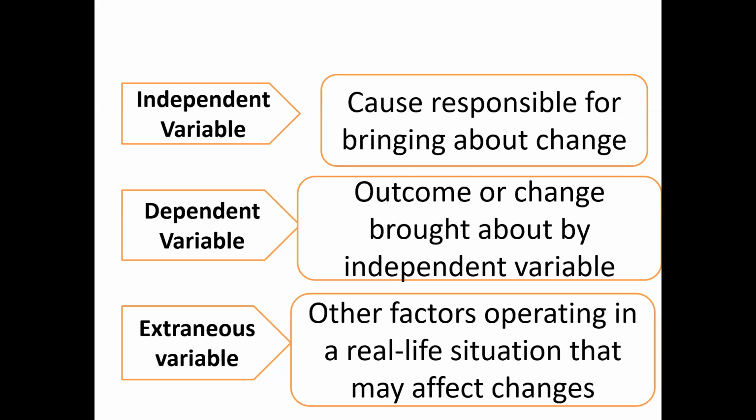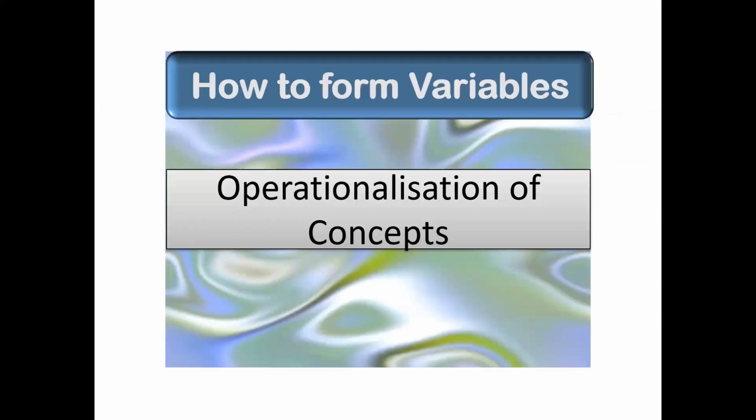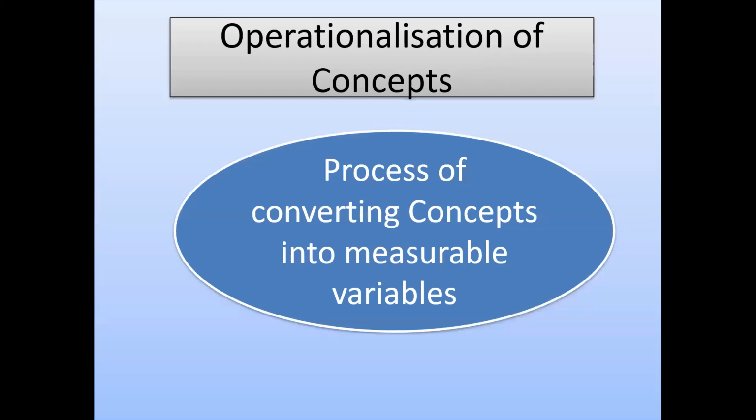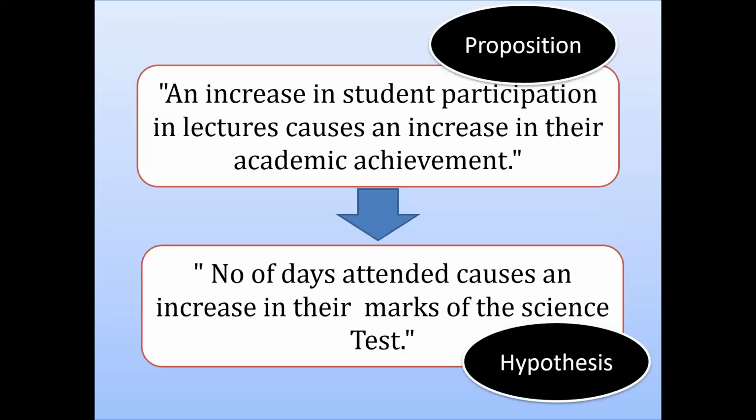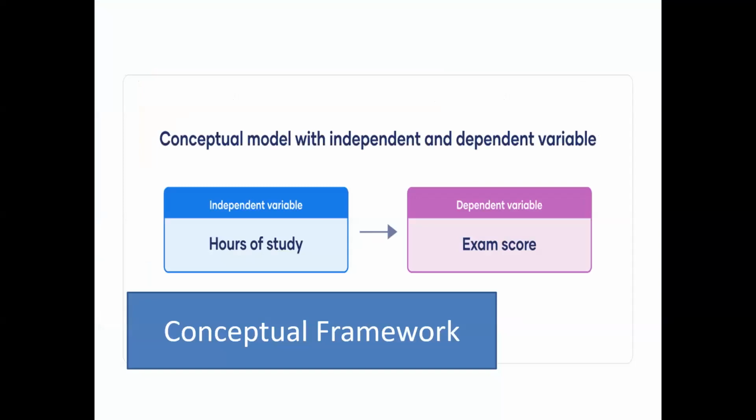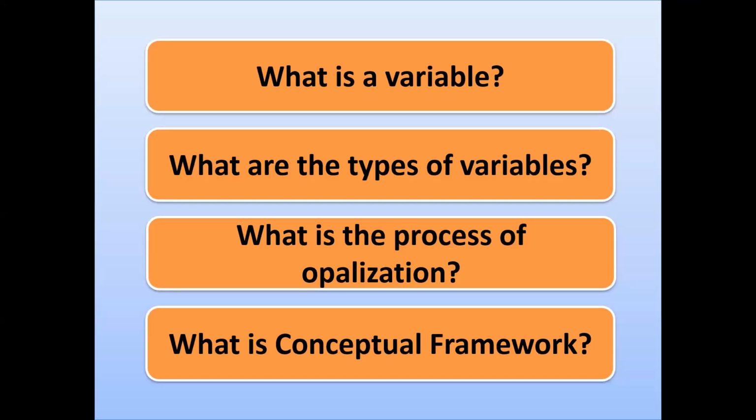Giving examples, you are able to explain. Variables are formed through the operationalization of concepts, which is the process of converting concepts into measurable variables. We also discussed how to convert a proposition into a hypothesis and the formulation of a conceptual framework in a simple manner.